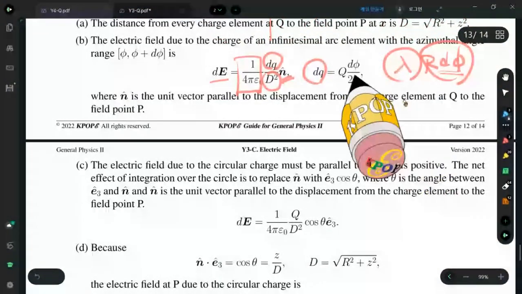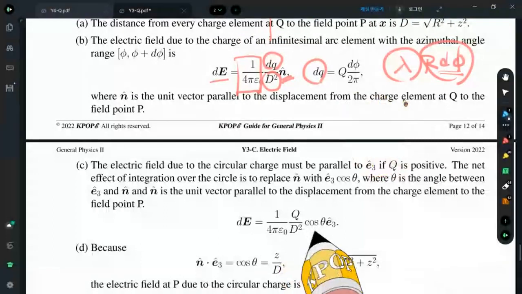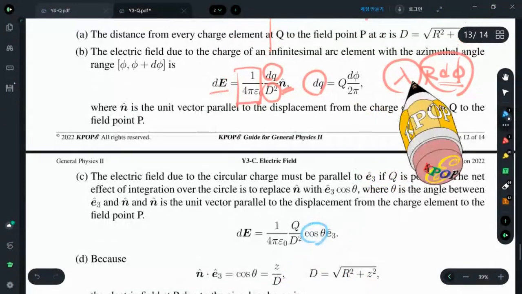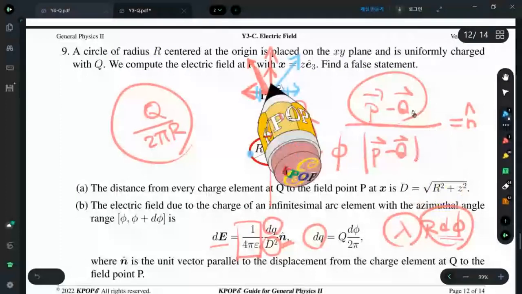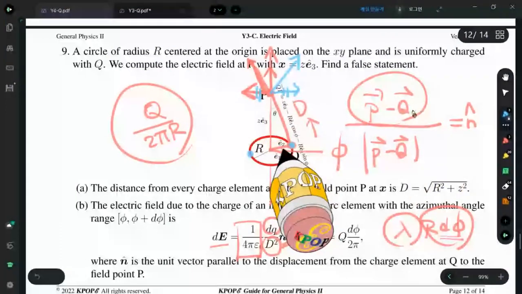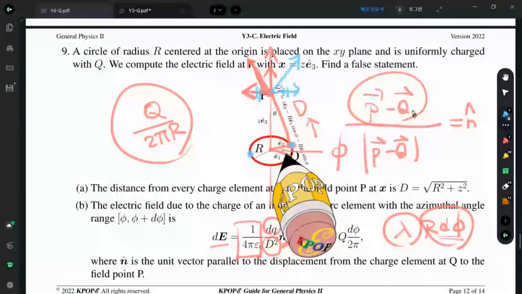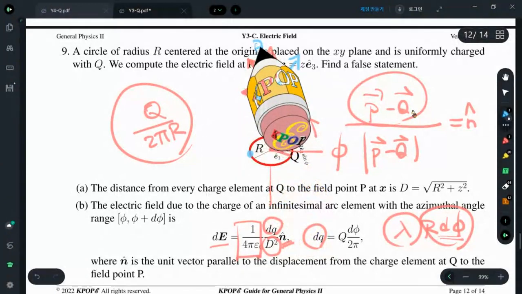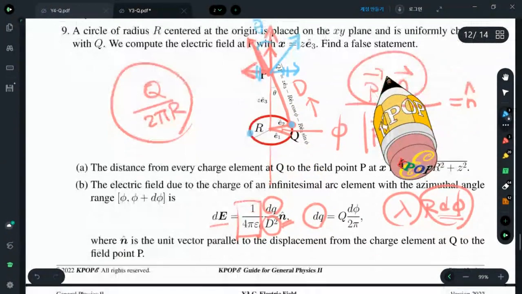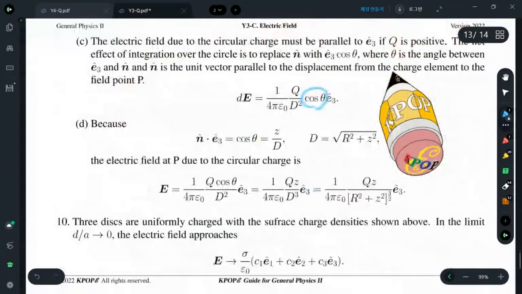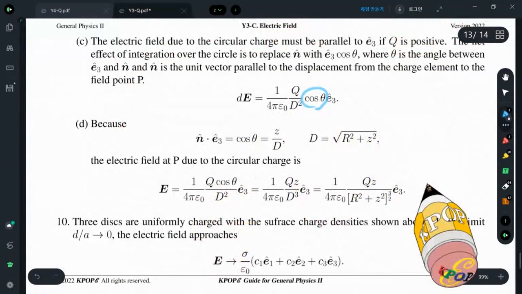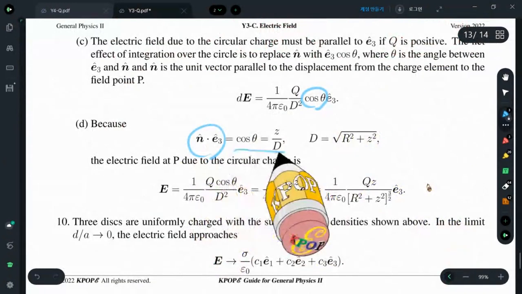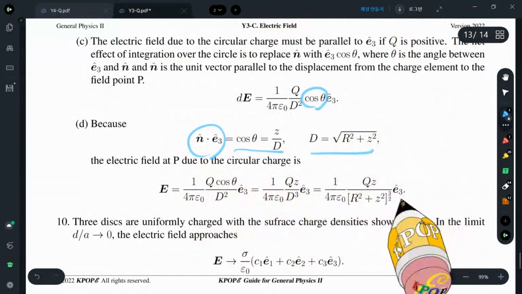Instead, what we have done is just multiply by cosine theta, and cosine theta is not the same as phi. Instead, it is an angle theta. Okay. That angle theta can be computed using these simple identities.